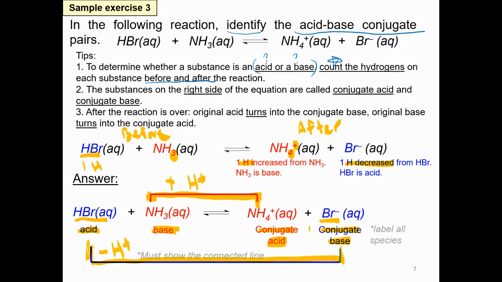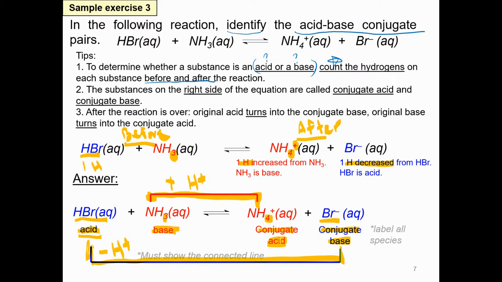Again, I will emphasize: to identify which one is acid or base, count the number of hydrogen before and after reaction. If the number of hydrogen becomes less, then it is acid. If the hydrogen becomes more, it is base.